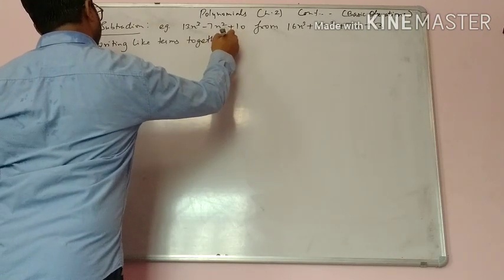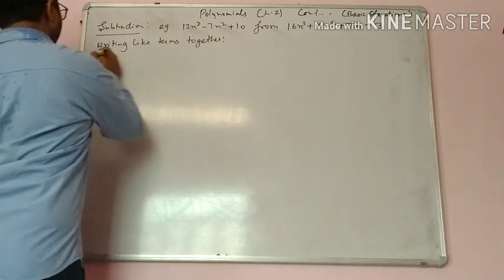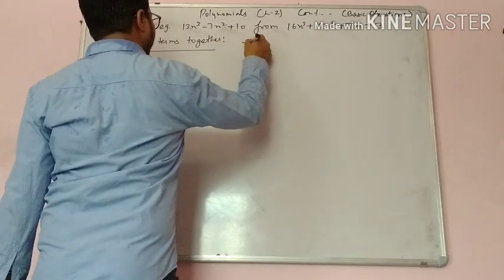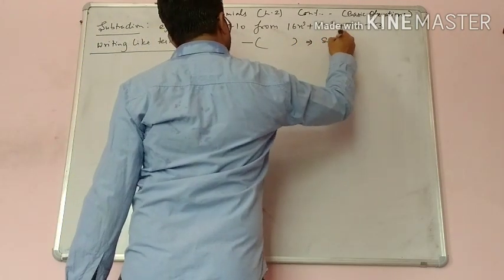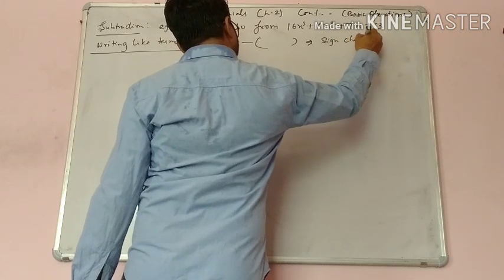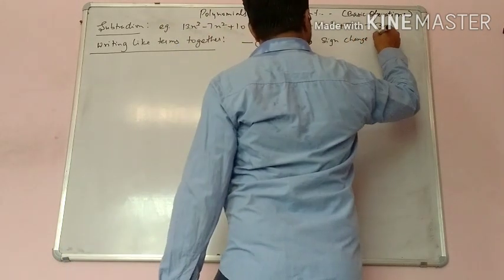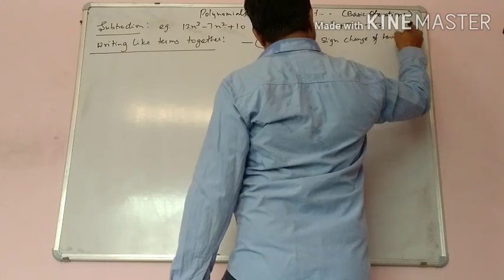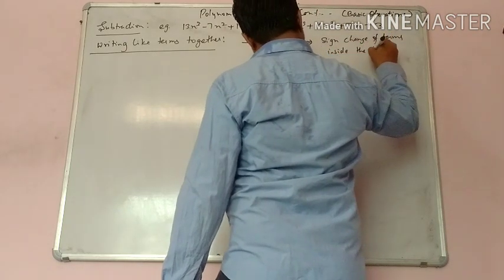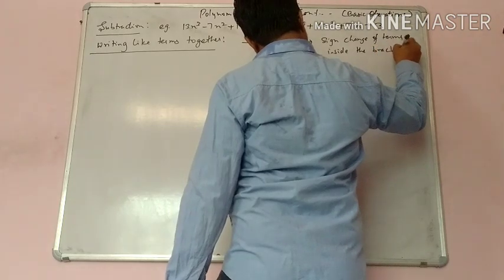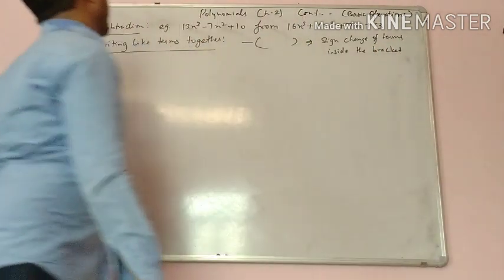Same as addition. The only thing you have to remember is that when the minus sign is outside the bracket, the sign of the terms inside the bracket will change while removing the bracket.